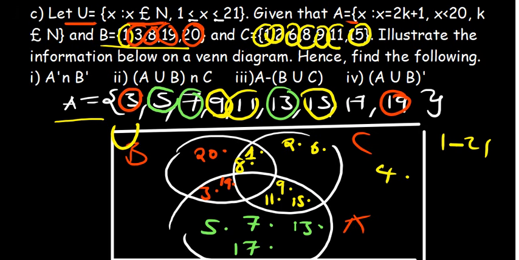Yes, it's in A. 6 in C. 7 in A. 8, it's there. 9 is there. 10 is not there. You can put it outside. 11 is there. 12 is not there. 13 is there. 14 is not there. You can put it outside.